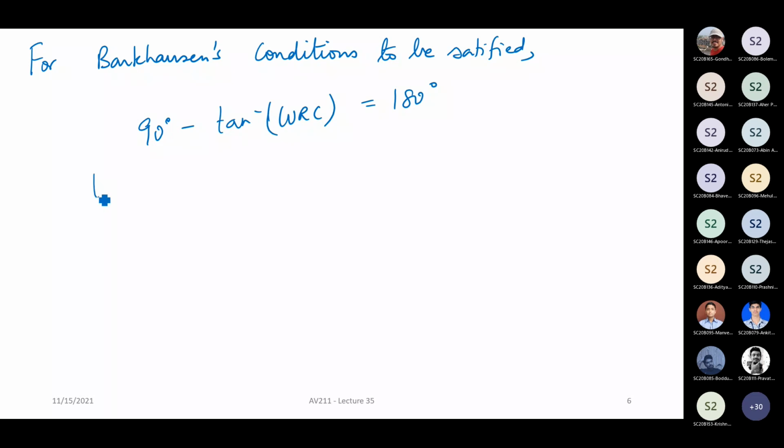So what is your tan inverse omega RC? Sorry, this has to be 60 degrees, right? So this becomes 30 degrees, right? So if you take tan on both sides, omega RC is equal to tan of 30 degrees. What is tan of 30 degrees? 1 by root 3, right?